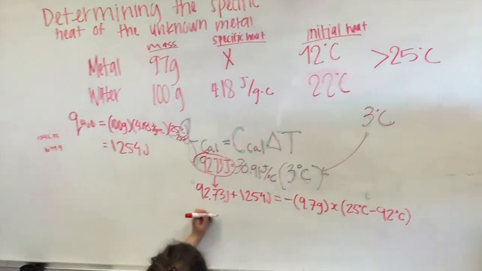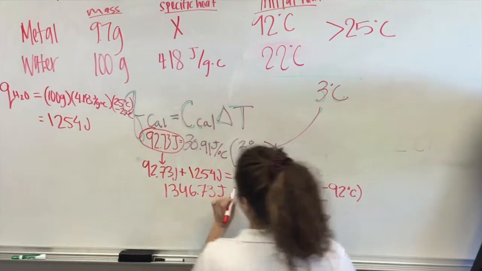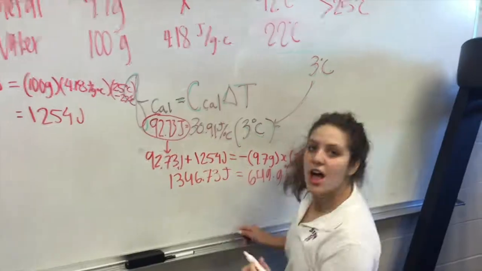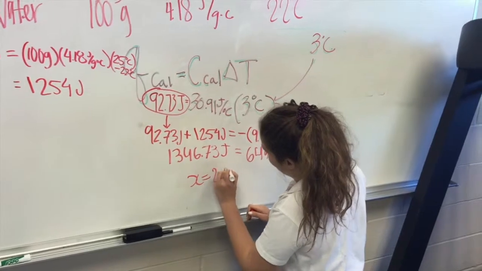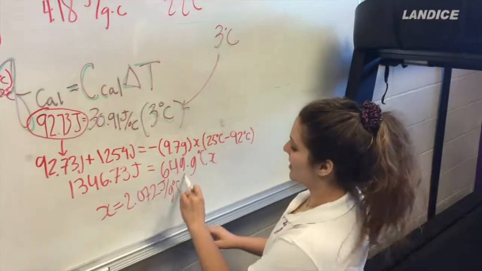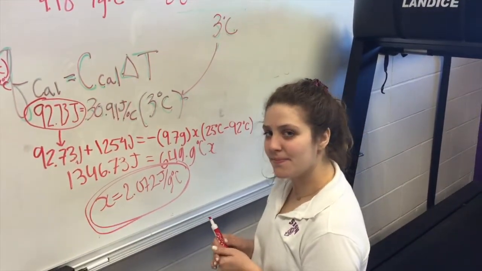Okay, so the total joules is 1,346.73 is equal to 649.9 grams degrees Celsius. And therefore, X is equal to 2.072. So this number is our final answer and the specific heat of the unknown metal.